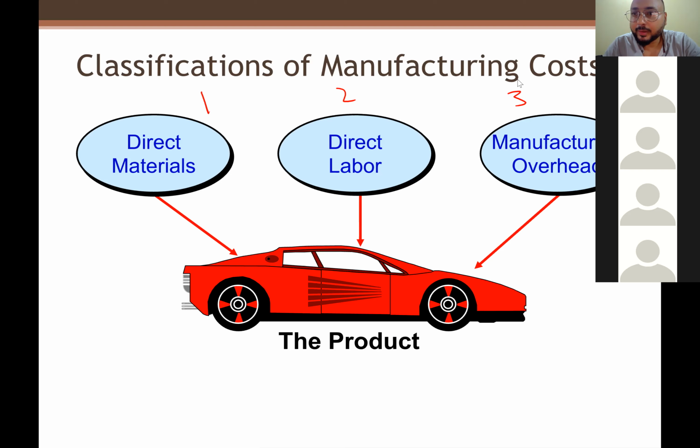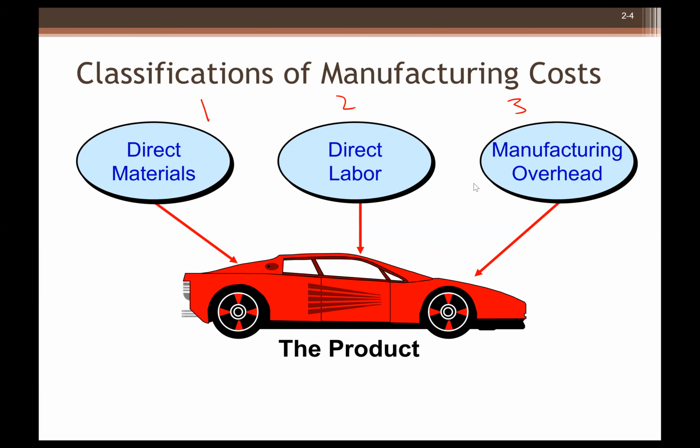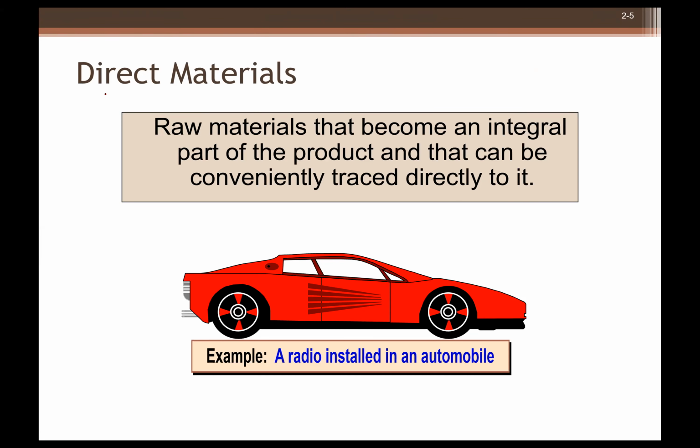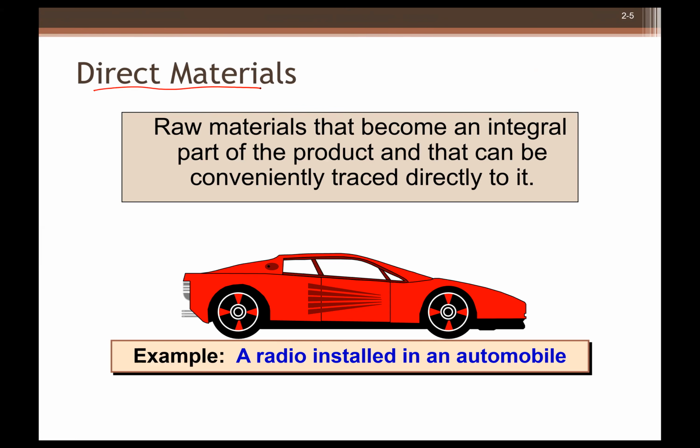So let's talk about number one, which was direct material. Pay very close attention to the word direct material. Direct means that you can easily calculate, directly, it's in front of your eyes. You can easily, directly measure that.